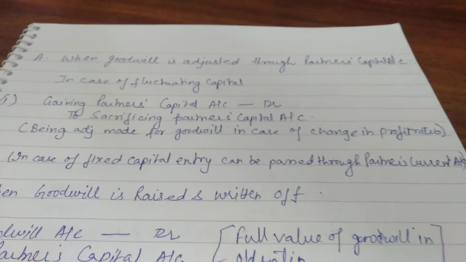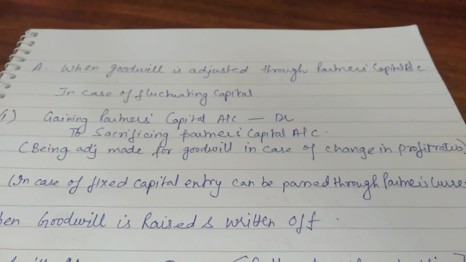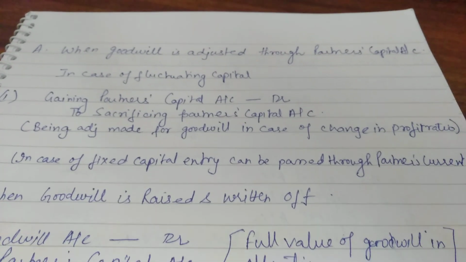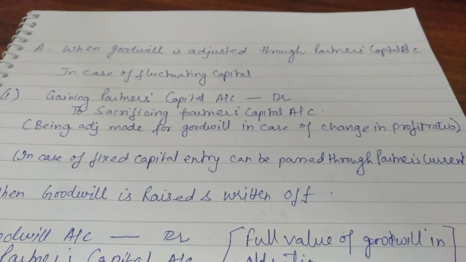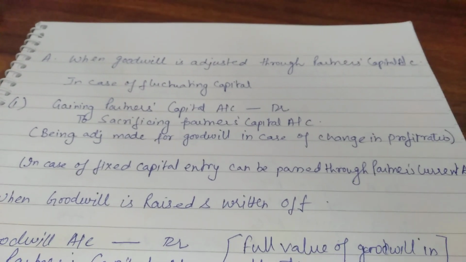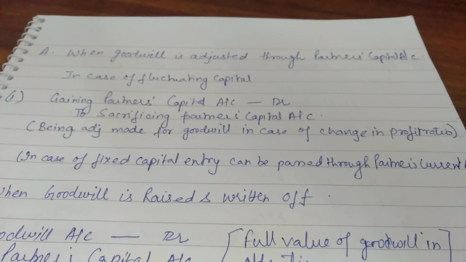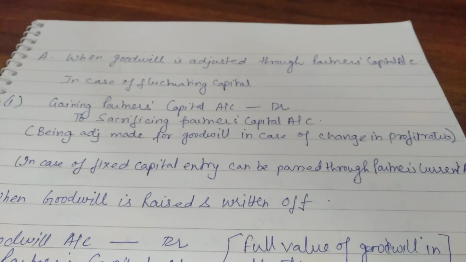First is when goodwill is adjusted through the partner's capital account. Now the journal entry: the very first step is to calculate the gaining or sacrificing ratio. Applying the formula as discussed in the last video, sacrifice ratio is equal to old ratio minus new ratio.